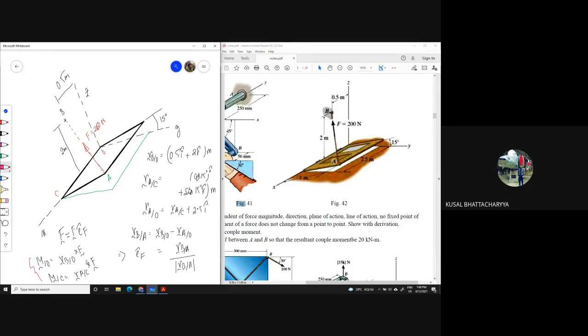Sir, I am getting 136.91. So moment about x, you're getting 136.91 i cap Newton meter, right? Yes, sir. Okay. So you took the moment in which method, about O or about C? About C, sir. Okay, so this one. And has somebody taken with respect to O?